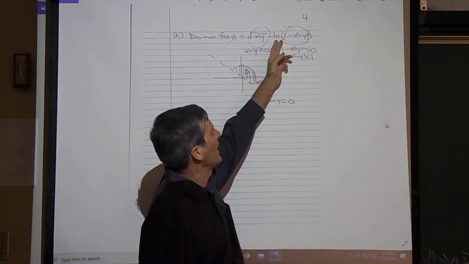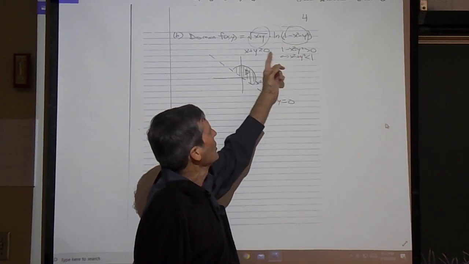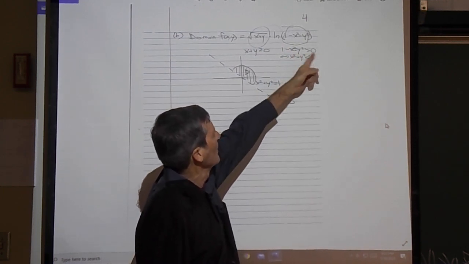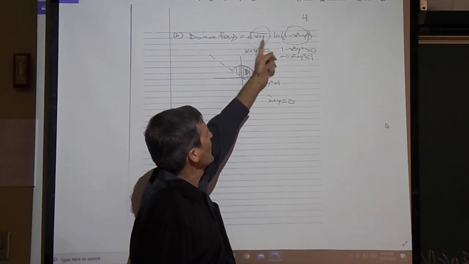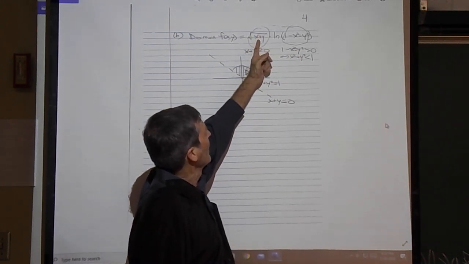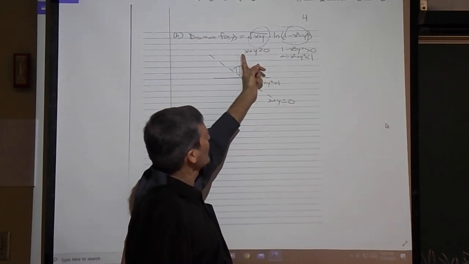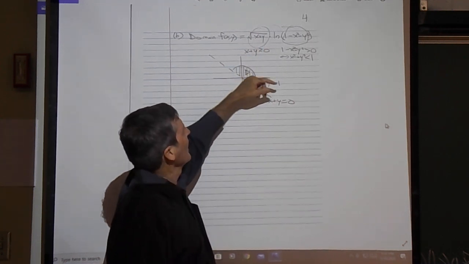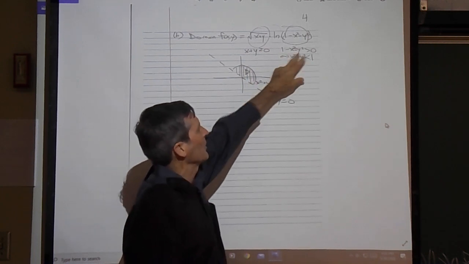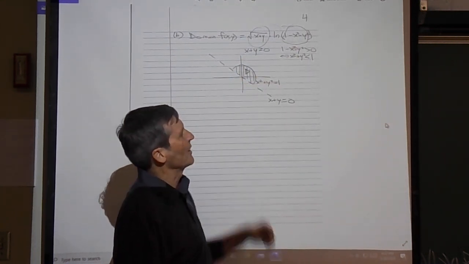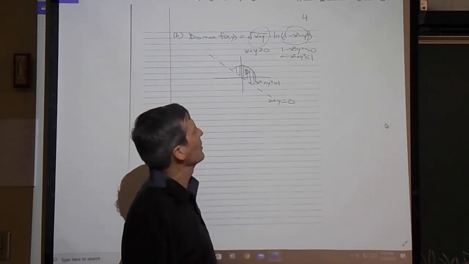Natural logarithm is defined for its argument positive. So you demand that the argument of the logarithm be positive, and then you demand that the argument of the square root be non-negative. And you have to take the intersection of those two things, right?